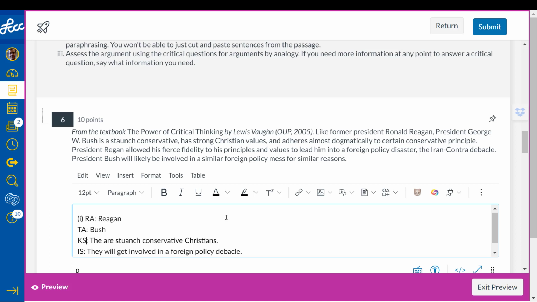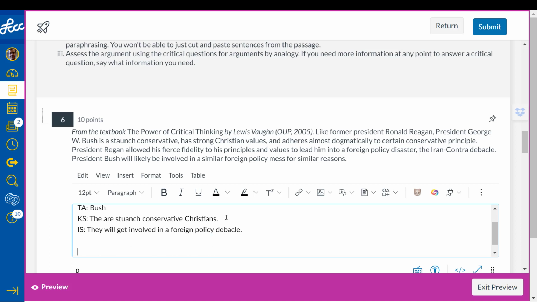Once we know those parts, we can just put them together to create standard form for the argument. Q1: Bush is like Reagan in that they are both staunch Christian conservatives.